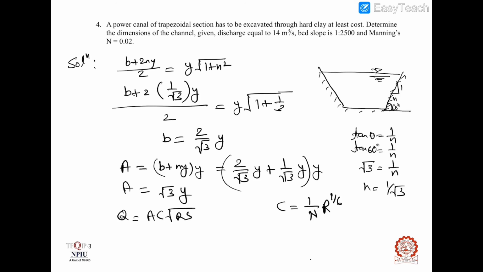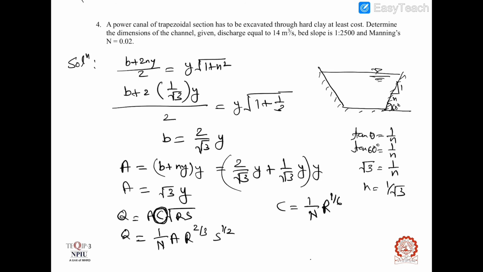So after substituting this value in this equation, we will have the final expression of discharge in terms of Manning's constant as 1 by n A R to the power 2 by 3 S to the power 1 by 2. Okay, what we did here, we substituted the value of C as 1 by n R to the power 1 by 6, and after solving this equation, we will have this expression.